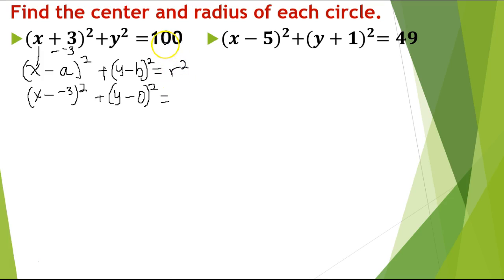What can I square to get 100? That's 10. So it's going to be 10 squared, because we want this one to be in squared form, so we have to write its equivalent in squared form. So now it looks like the equation of a circle. We can find the center.